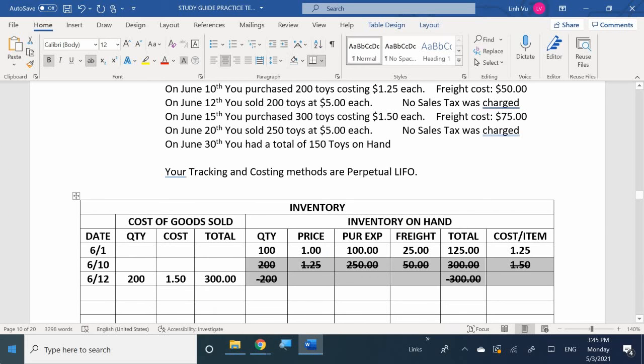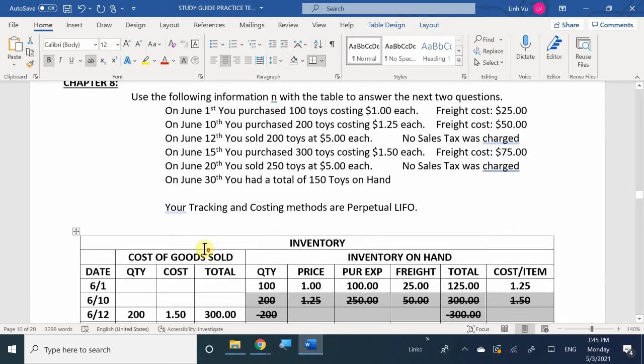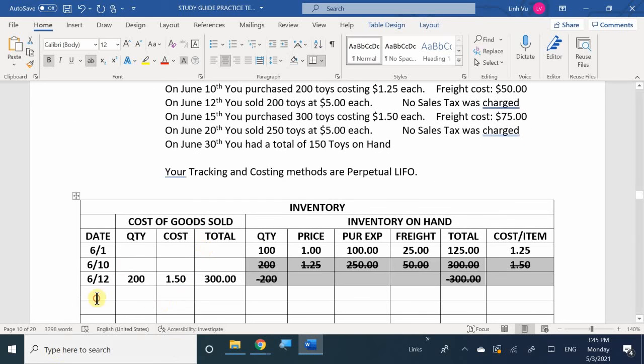So then, what has happened next? Bought 300 toys at $1.50 a piece, plus $75 in freight. Okay, so 300, 150, 75 for freight, 525.